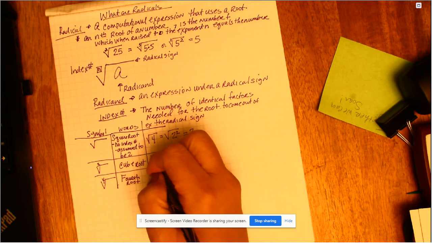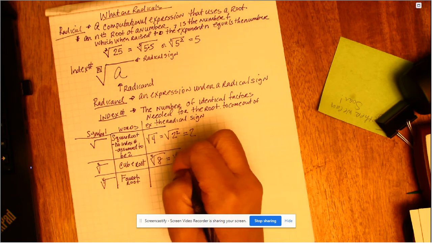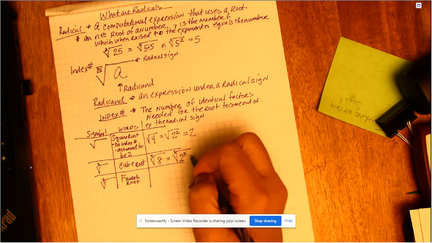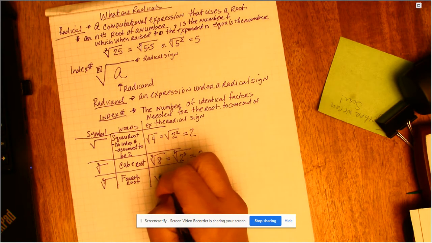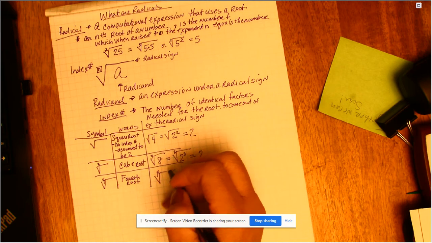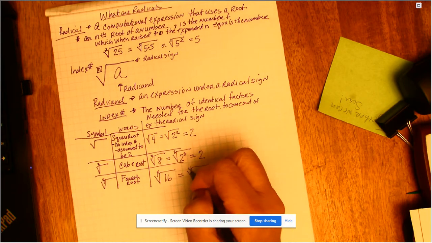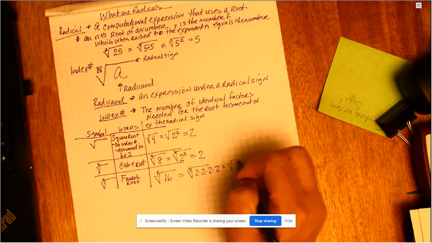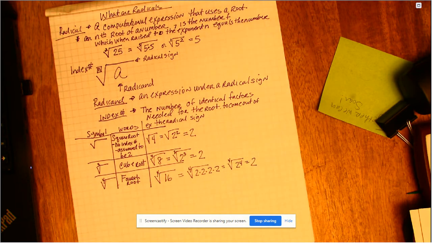Here, if we look at the cubed root of 8, well, 8 is 2 to the 3rd power. So this is telling us how many identicals we need. We have three 2's underneath here, so 2 gets to come out again. We keep on going. So a 4th root of 16, right, just write this in expanded form. This would be the same as 2 times 2 times 2 times 2, in other words, 2 to the 4th power. So 2 would get to come out of that.